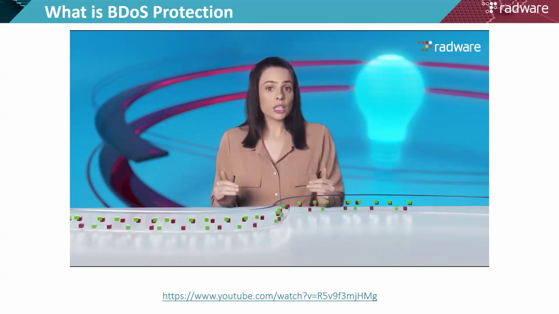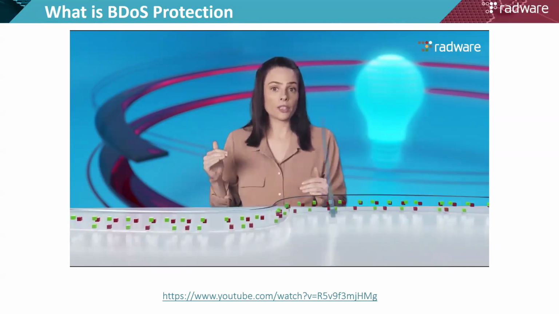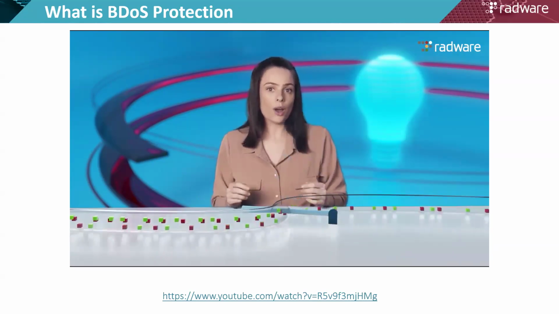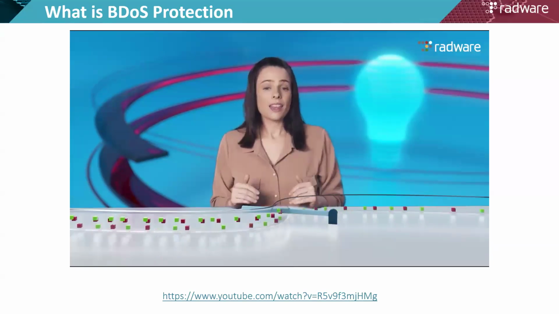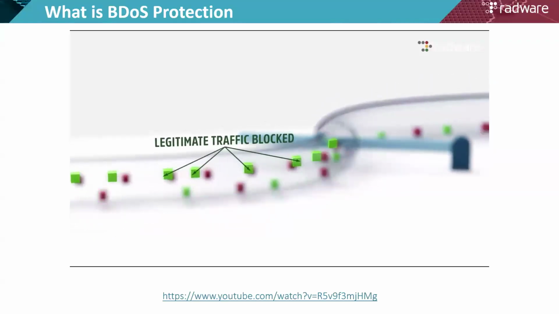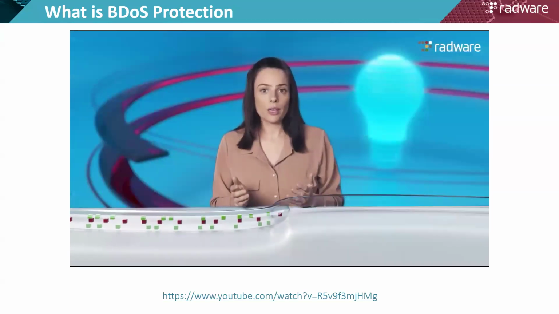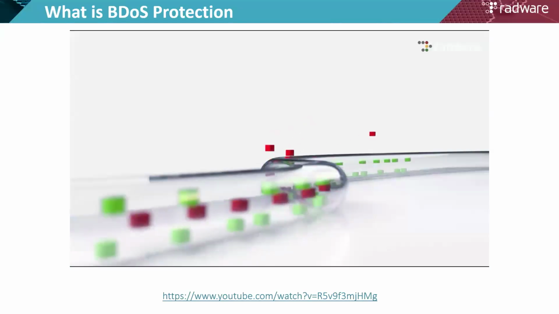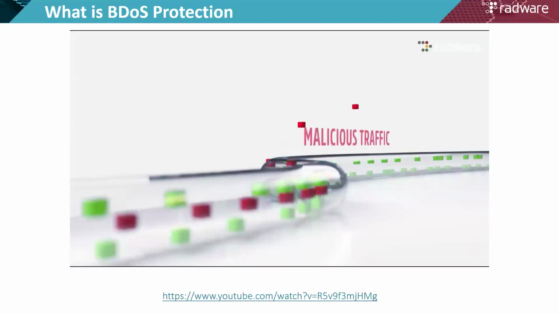What is behavioral-based DDoS protection? Hi everyone, I'm Eva and welcome to another Radware Minute. Traditionally, DDoS protection solutions rely on rate-limiting technology, which limits the maximum amount of total traffic to the organization and blocks all traffic above this limit. This leads to false positives and legitimate traffic getting blocked. Behavioral-based DDoS protection profiles traffic behavior and can accurately distinguish between legitimate traffic and malicious traffic.